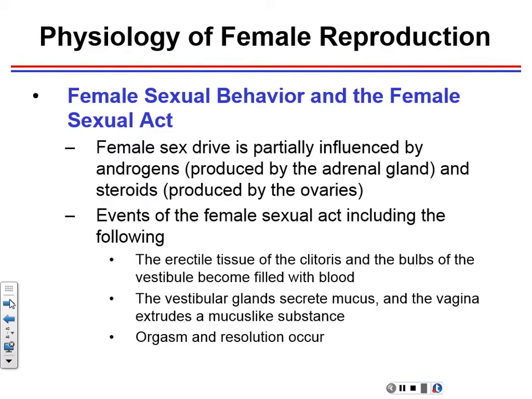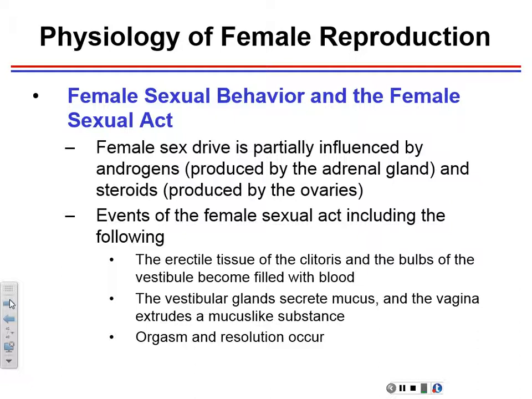Okay. All right. Female sexual behavior is not as strict as in the males, where they have stimulation, then erection, of course, and then you have orgasm and resolution, which is the time when the male is not able to be stimulated again.